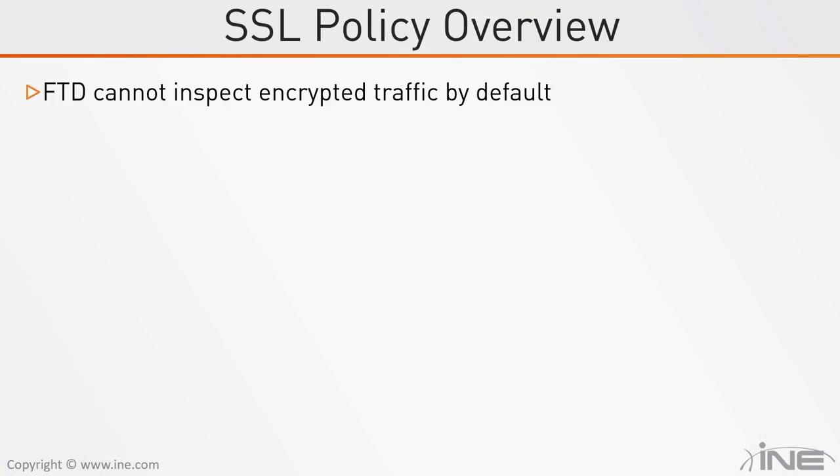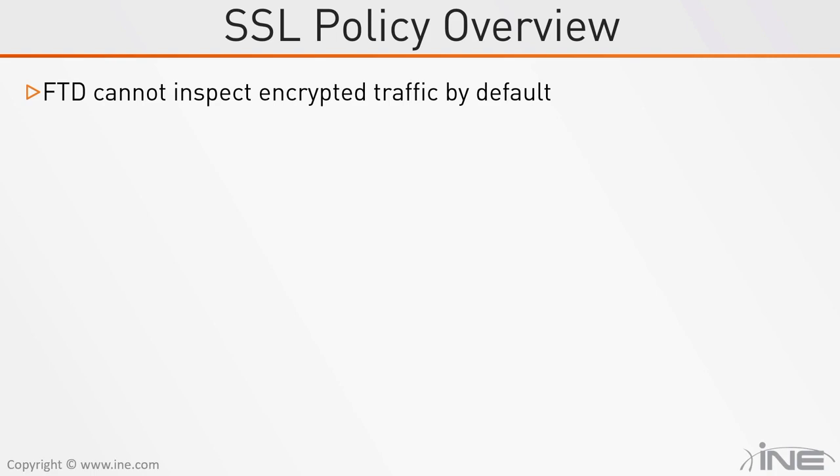The default behavior of FTD, which is when there is no SSL policy configured on the unit, is to use the access control policy to handle all communication, including the encrypted traffic. But the problem with the access control policy is that on its own, it is not able to see the content of encrypted sessions.